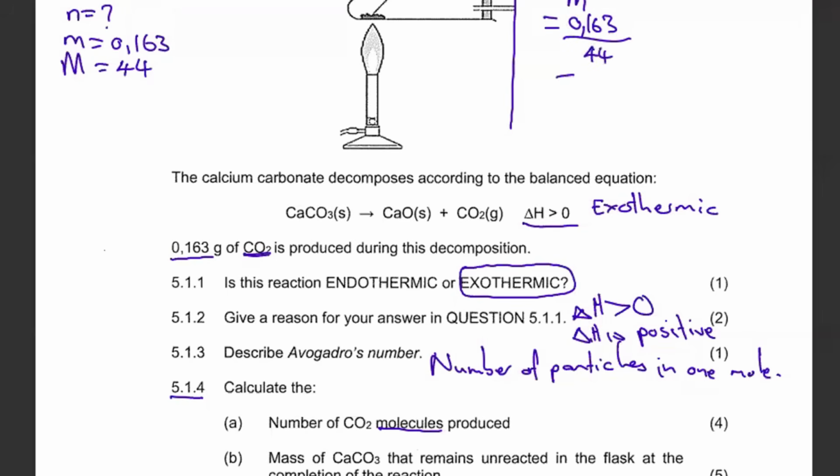If we divide that, what do we get? 0.163 divided by 44, we get an answer of 3.7 times 10 to the exponent negative 3.